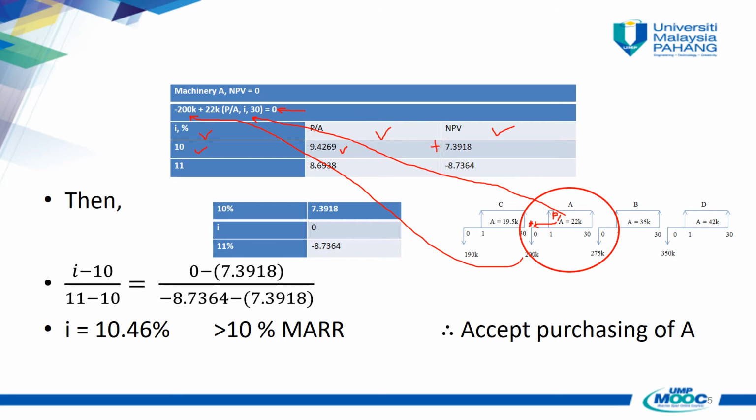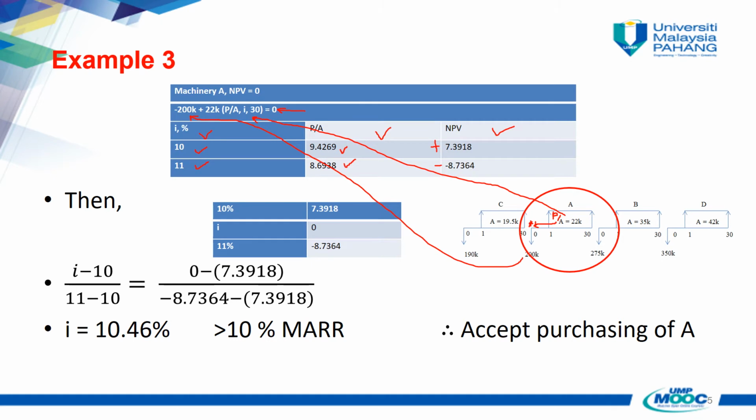And then I put another value. We refer to the compound interest table at 11%, and then we put the value inside our NPV equation, and then we will see that it gives you a negative value of 8 for our NPV value.